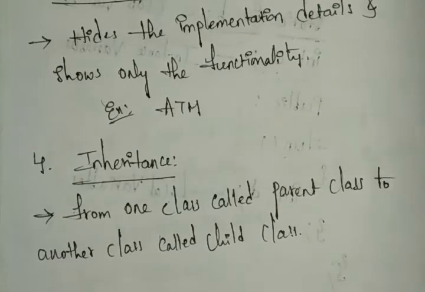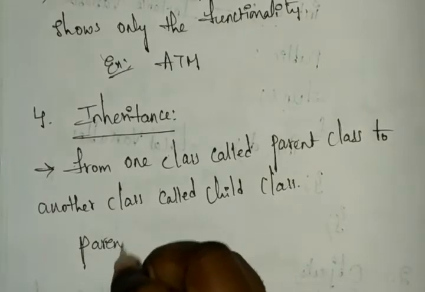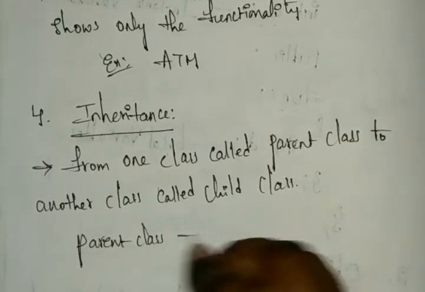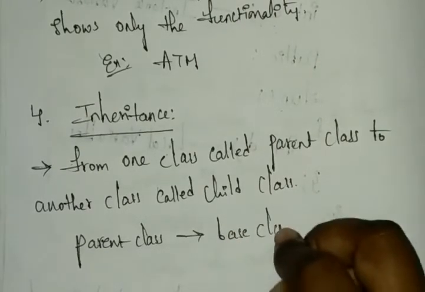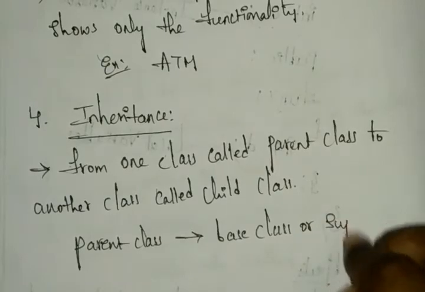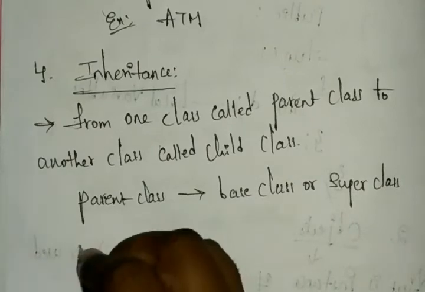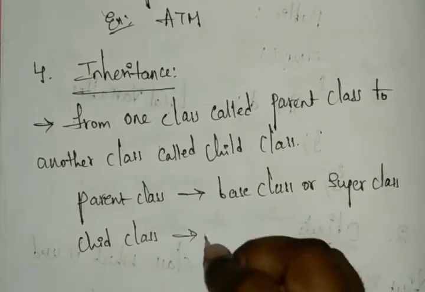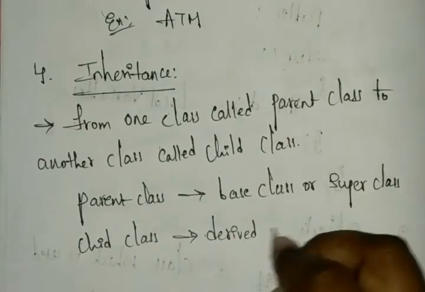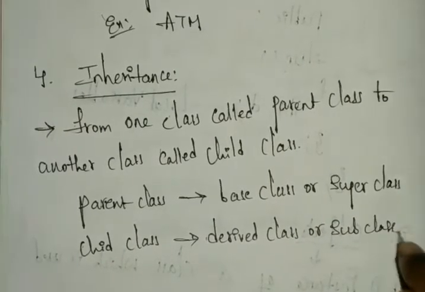Suppose you see the parent class. This parent class is also known as the base class, or else we can call it the super class. And here we have the child class. The child class is also called the derived class or subclass, right?